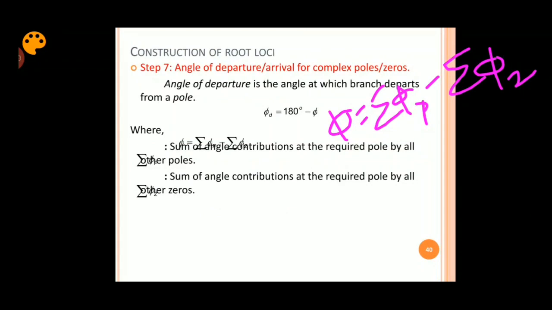Now what is summation phi p? Summation phi p is sum of angle contributions at the required pole by all other poles, and summation phi z is sum of angle contribution at the required pole by all other zeros.